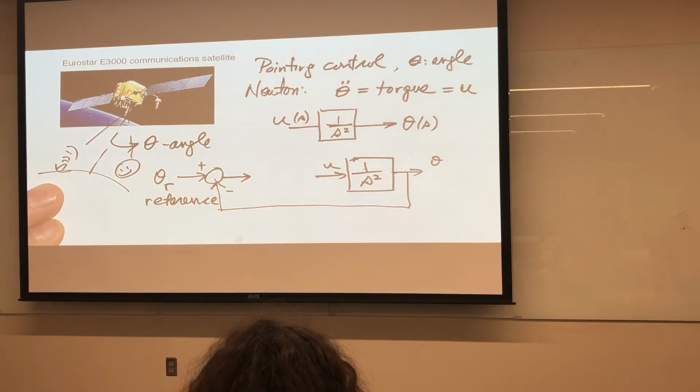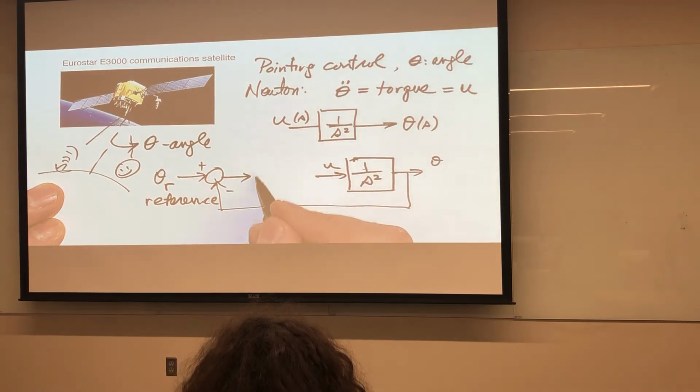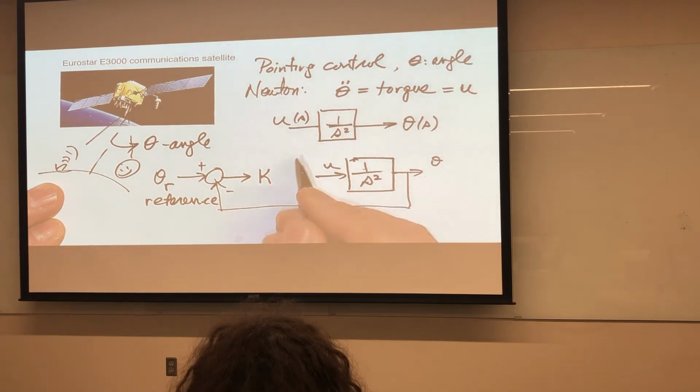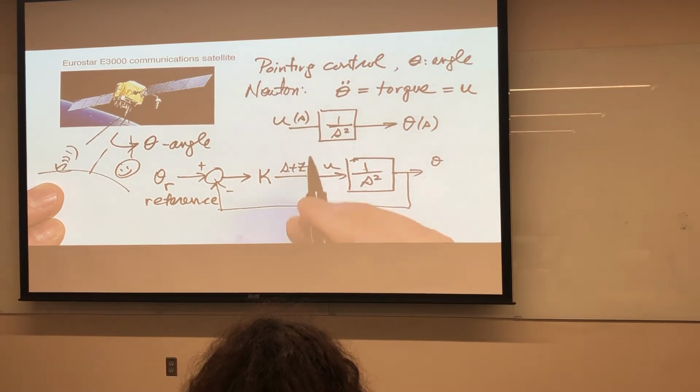We did some examples of lead and lag, and today let's do a lead compensator. The compensator will be of the form K times (s plus z), a zero that we have to design, and then there's a pole.